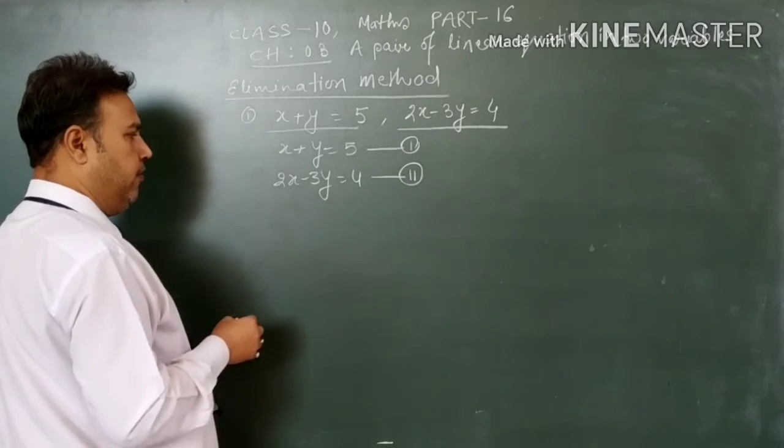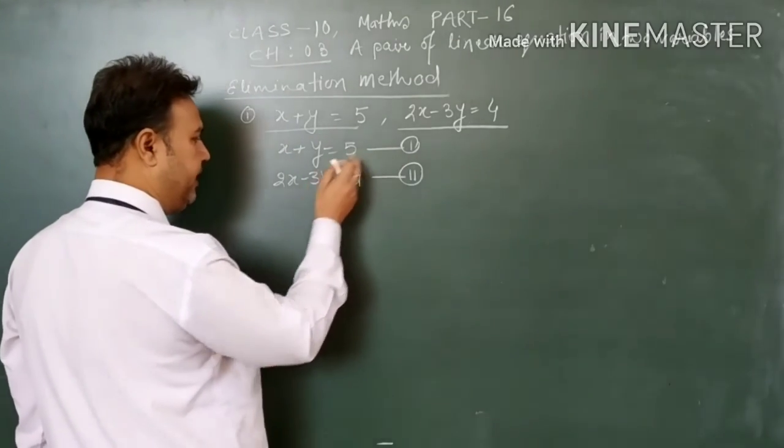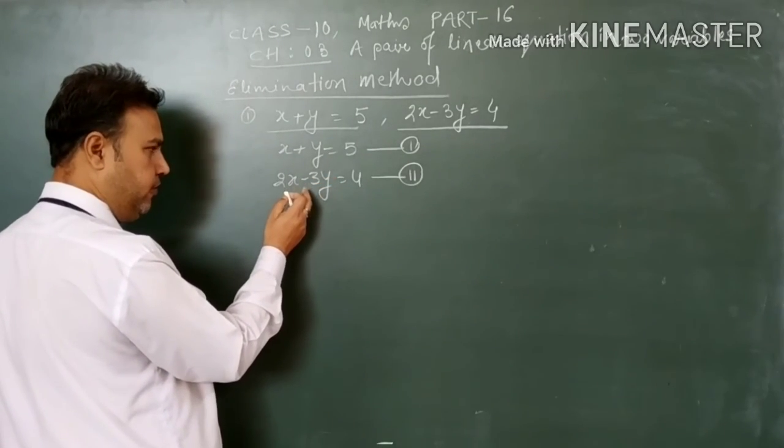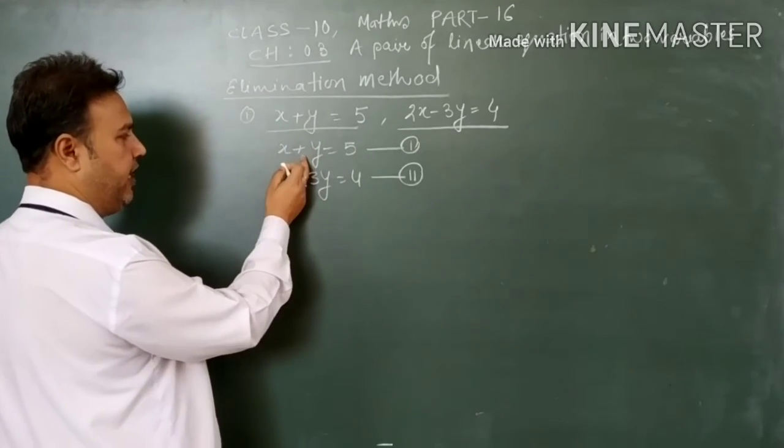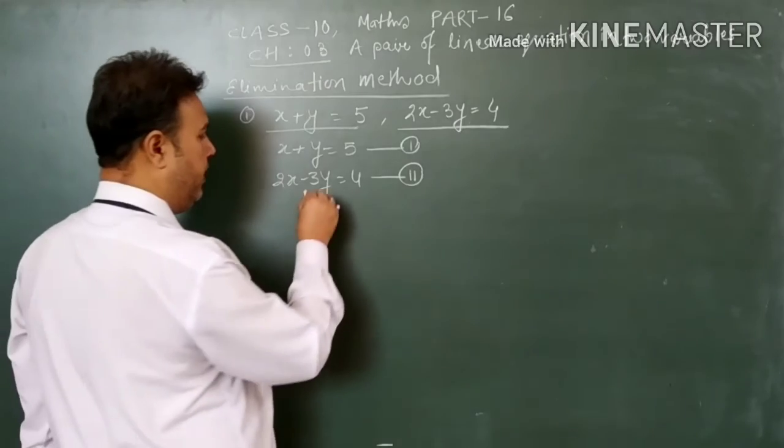For that, we will multiply the first equation by the coefficient of y of the second equation and the second equation by the coefficient of y from the first equation.